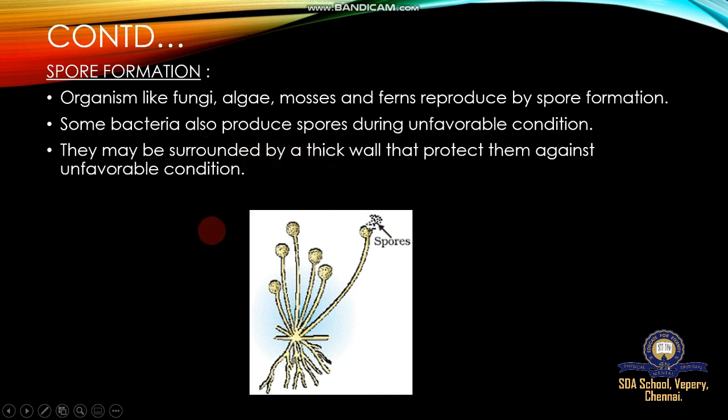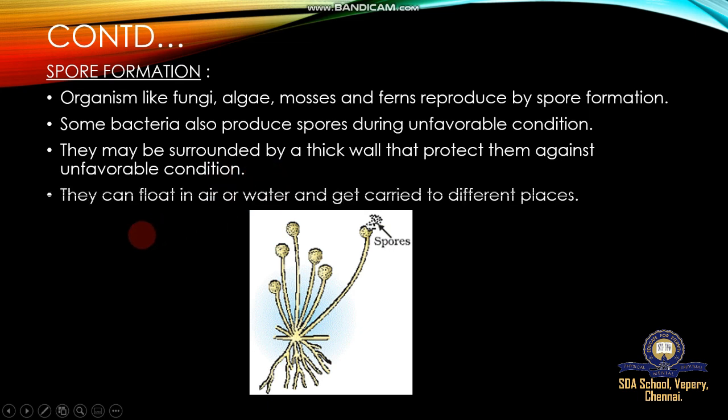This thick wall is a protective layer that prevents any harm and danger. They can float in air or water and get carried to different places. So this is how fungi reproduce through spore formation.